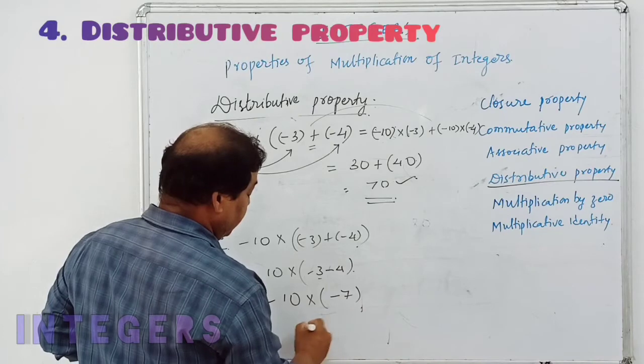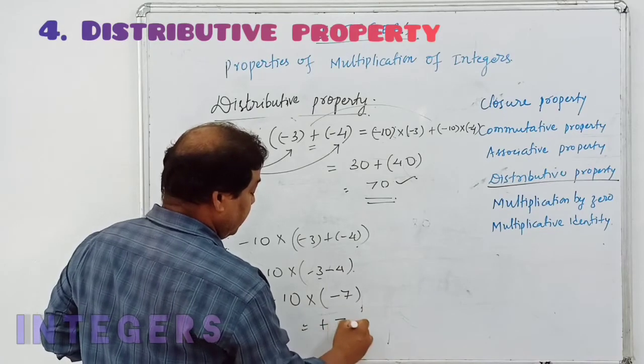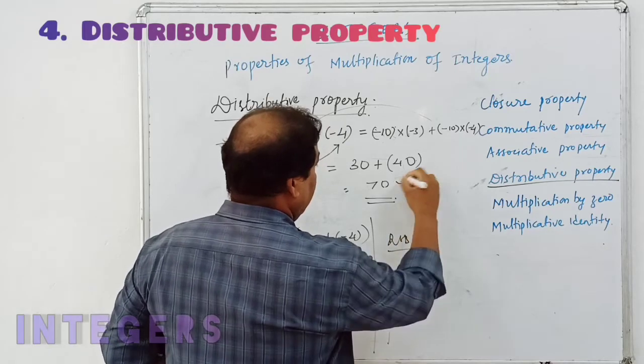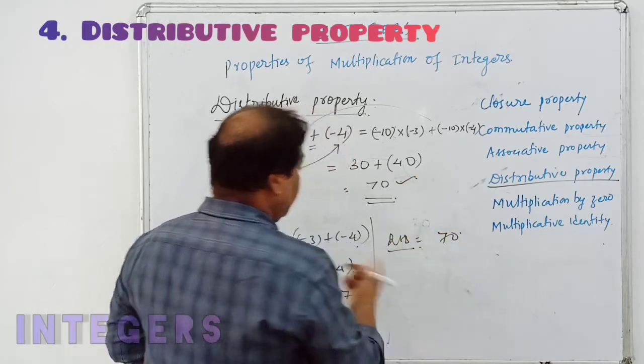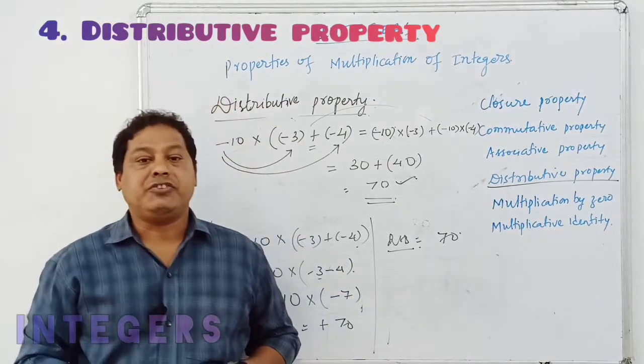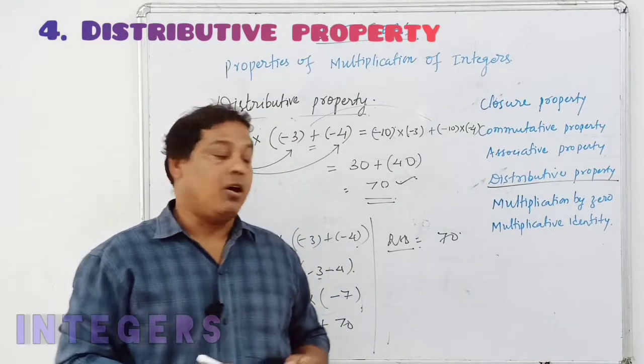So minus 10 times minus 7, negative sign times negative sign is positive. 10 times 7 is 70. So in the LHS we got 70. That means LHS equal to RHS. So the distributive property of multiplication over addition holds for integers also.